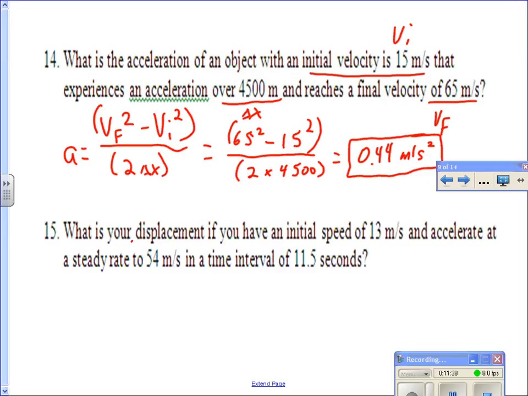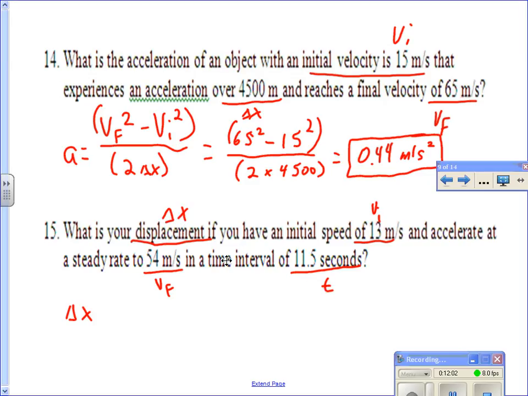What is your displacement? Displacement is a distance, so that's going to be delta x, so we're looking for a delta x equation. If you have an initial speed of 13, so that's VI, and you accelerate at a steady rate to 54 meters per second, that's my VF, and the time interval is 10 seconds. So what I have is a VI, a VF, a delta x, and a t.